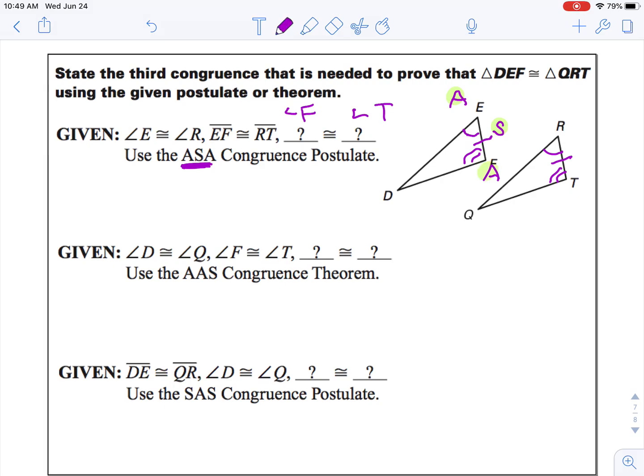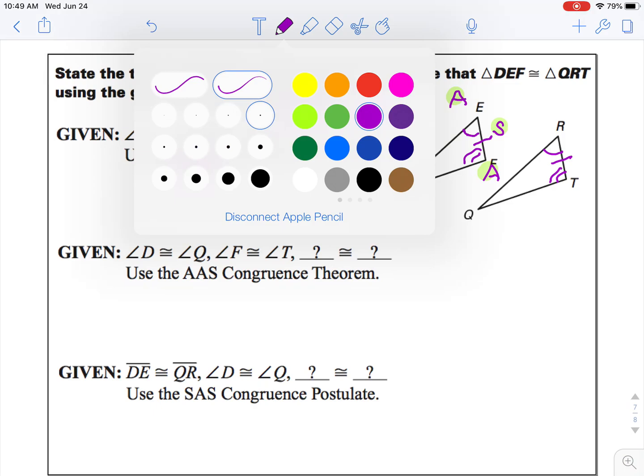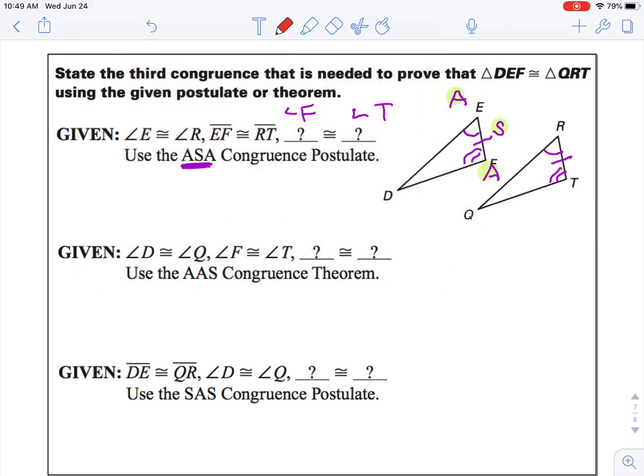So now, in this example, we are given that angle D is congruent to angle Q, and we are given that angle F right here is congruent to angle T. And what would we have to have congruent using angle, angle, side?